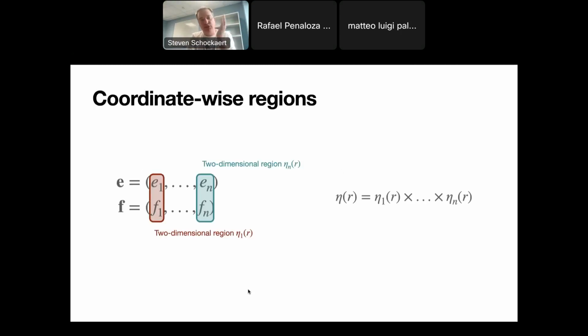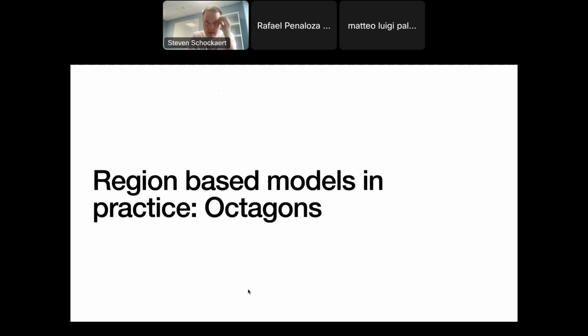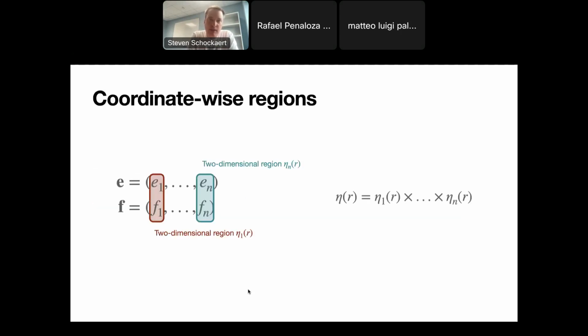Okay, we came up with a solution that's based on octagons, and you'll see in a minute why octagons. The basic simplification is that, rather than learning a 2n-dimensional region, we're going to learn n two-dimensional regions. We have two entities, E and F. We're not going to compare all these 2n coordinates with each other.